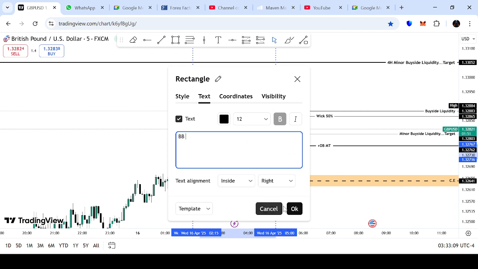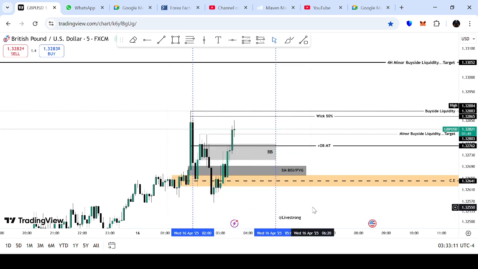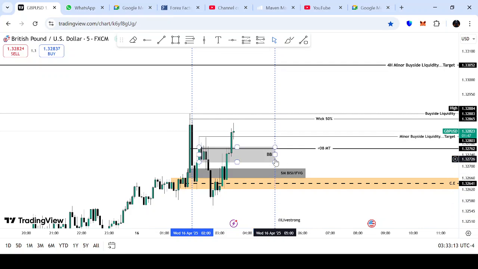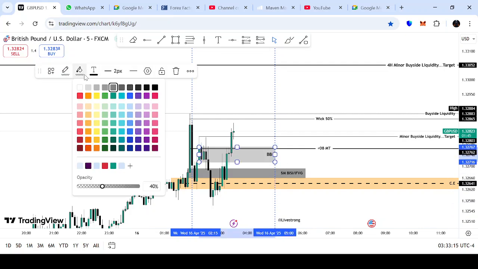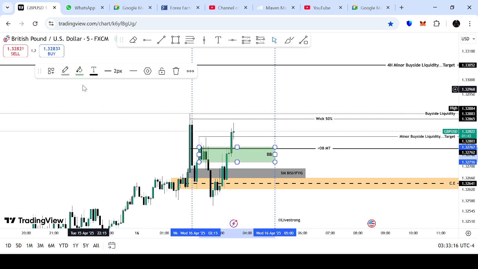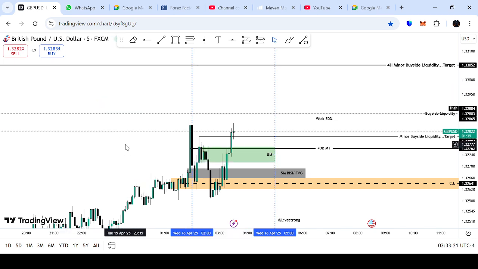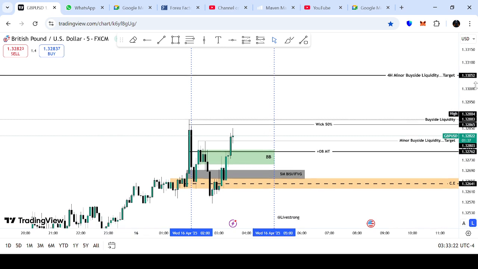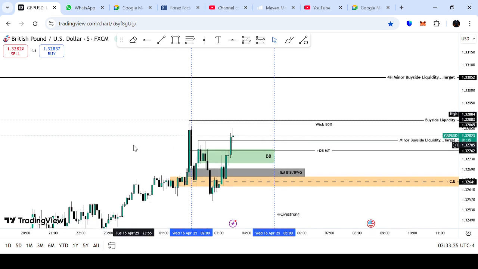Breaker block. For future price delivery and future price purpose.